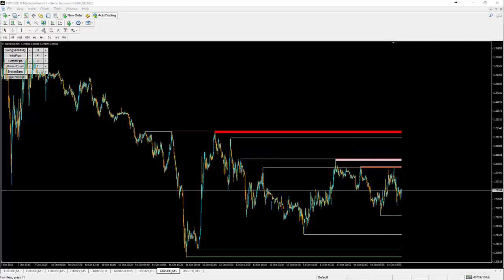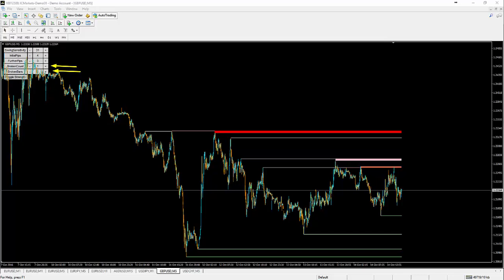Okay, so you can find the broken count and broken bars value here. What broken count means is how many times you will allow a swing high or swing low level to be broken.